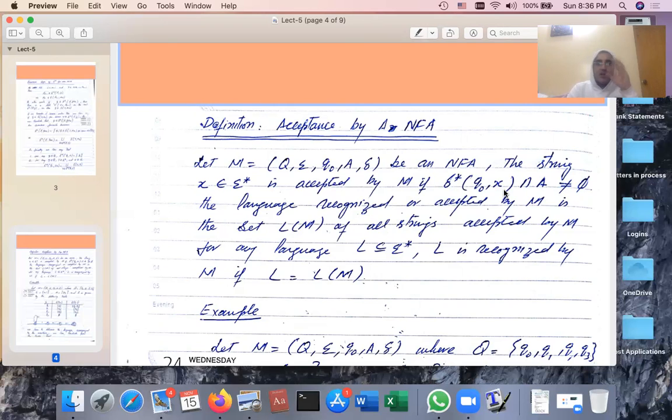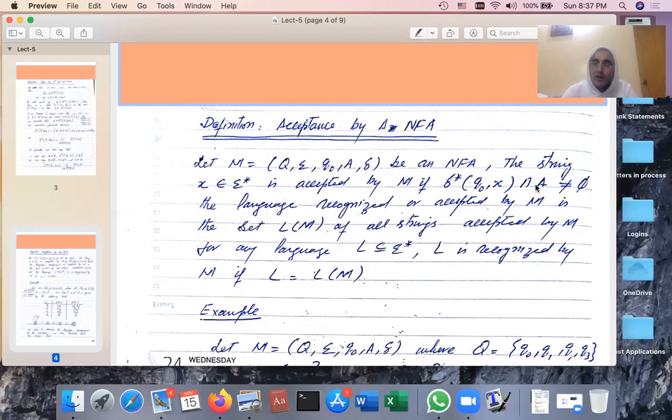That state can be Pn, or that state can be Q, intersected with the set of acceptance states. So I have some states here, and the intersection with the set of final states, the set of accepted states. This A is the set of final states for this NFA.